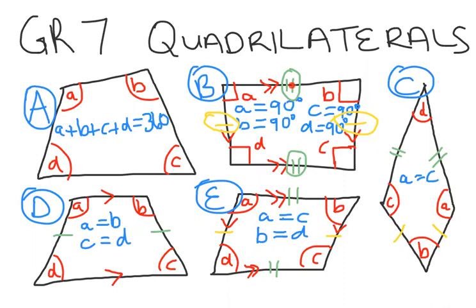Or they'll have it on top. It doesn't matter where it is, but what is important, if there's 2 on top, it must be 2 at the bottom. If there's 1 on the left and 1 on the right, it means the 2 opposite sides are the same. All right, so that's just an important thing for you to remember. They will give it in a question, so when we do the questions later, just look out for these.